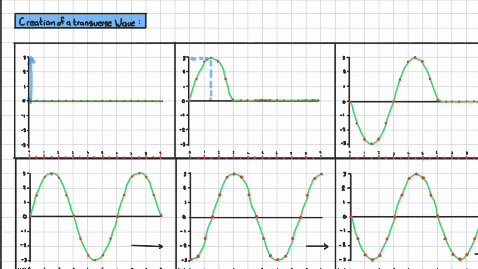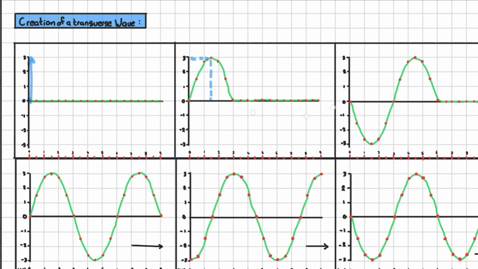Whereas for a transverse wave, we are now going to continue to disturb this medium in order to obtain a continuous transfer of energy. So looking at the second block in this diagram, we can see that we have the pulse with an amplitude of 3.